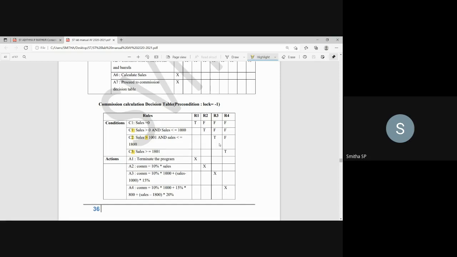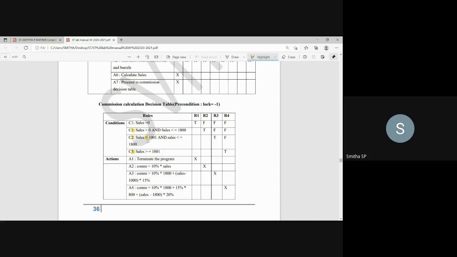Okay, next moving to rule 3, C1 and C2 have failed. So the sales value lies between, and here you make it as operator greater than or equals to. Make a note of it, please. Greater than or equals to 1001.